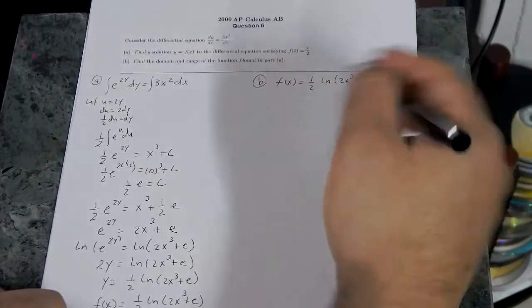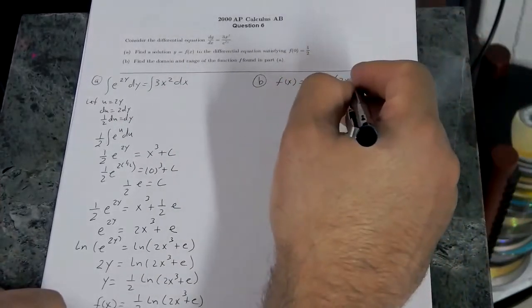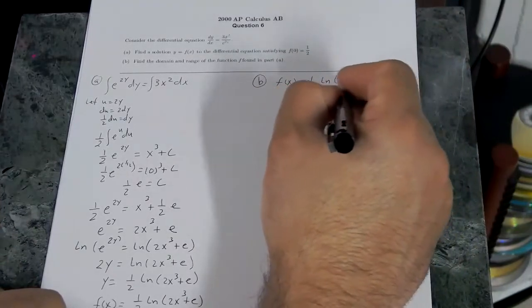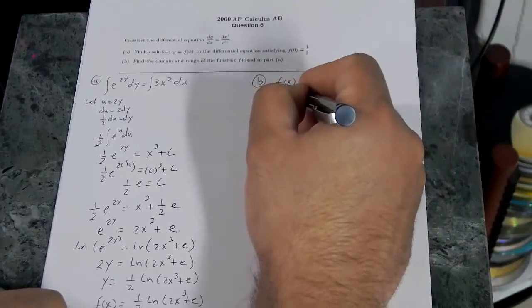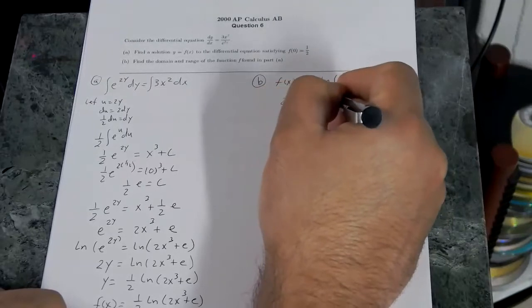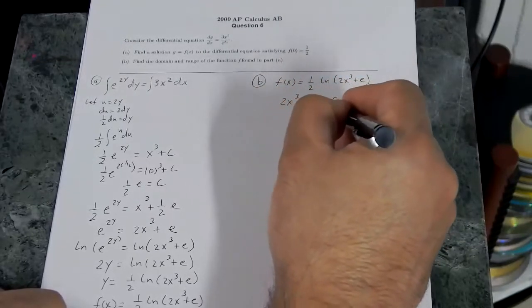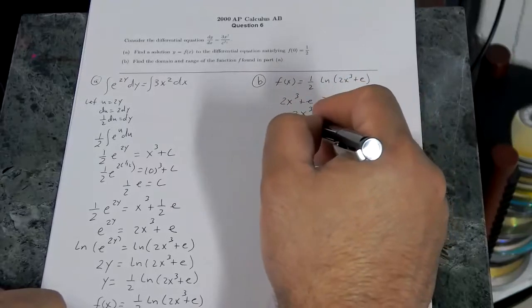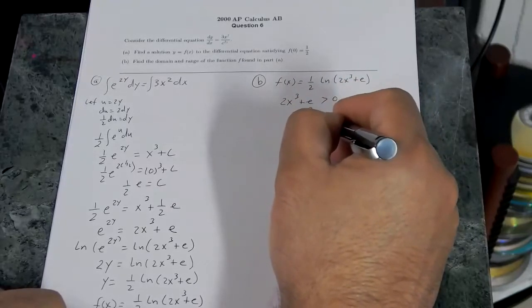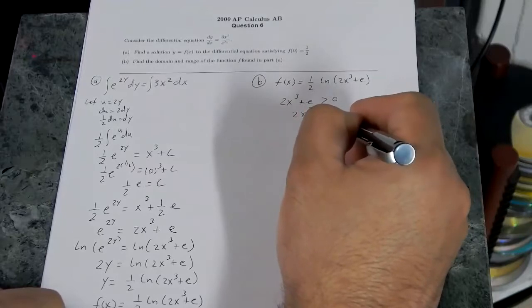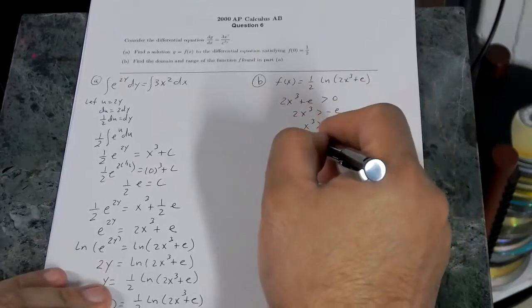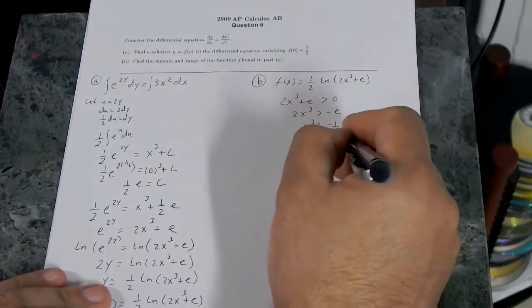We can put this in our calculator, but we should know that natural log has to be greater than 0. So that means this 2x cubed plus e has to be bigger than 0, which means 2x cubed is greater than negative e, which means x cubed is greater than negative 1/2 e. Well, solving for x, x is greater than the cubed root of that.